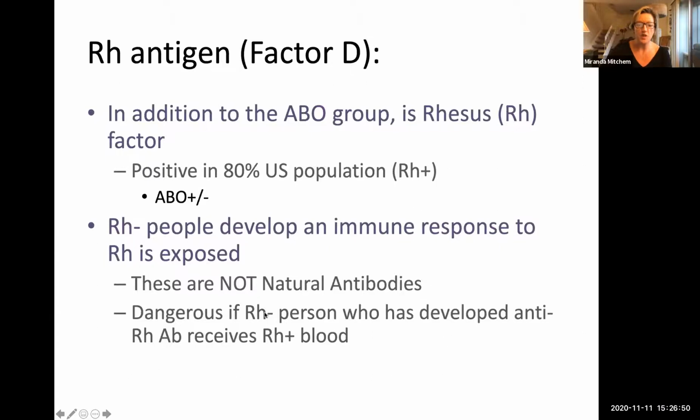So if a person is Rh negative and they receive Rh positive blood, that is a life-threatening situation. So in pregnancy, the mother is tested for this, and there's actually medications that are given to mothers so that they can be protected from that potentially fatal agglutination that has the potential to affect both mother and baby fatally.